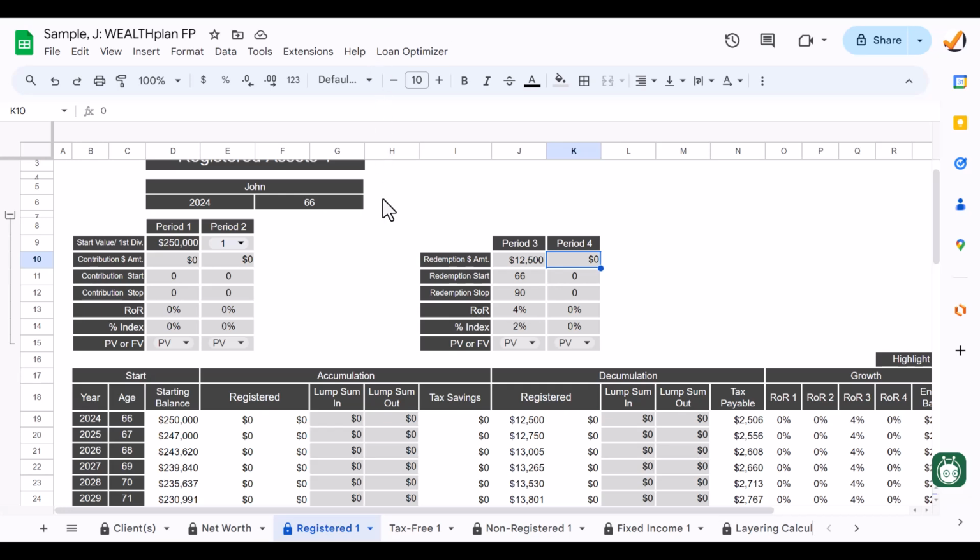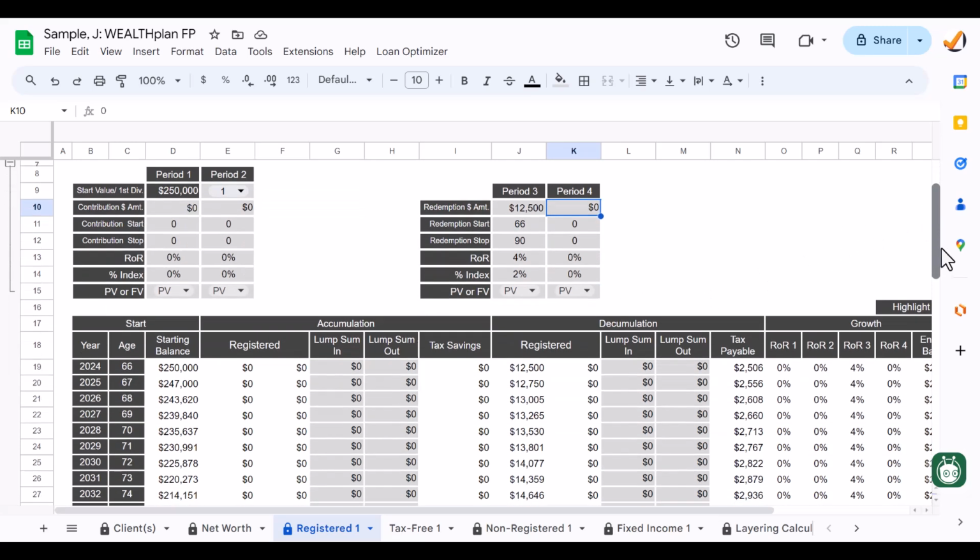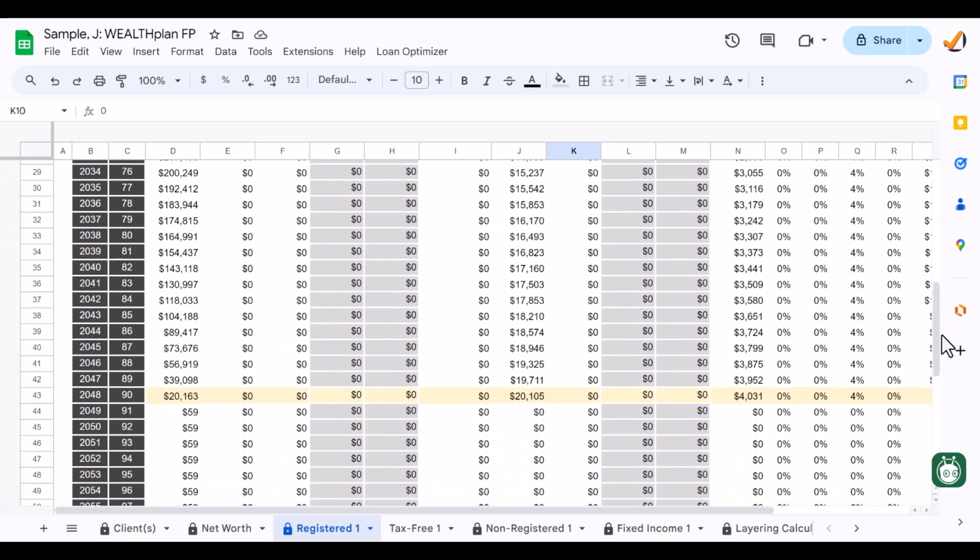Let's flip over now to his registered assets calculator. The first thing we're going to do is determine what income he can maintain from his registered assets if we look at his current balance and try to give him an average over his lifetime. We're going to assume that he wants to take income from his RRSP until the age of 90.